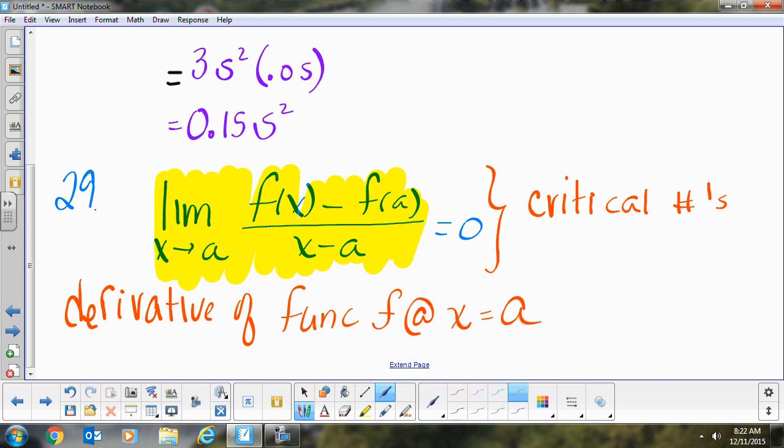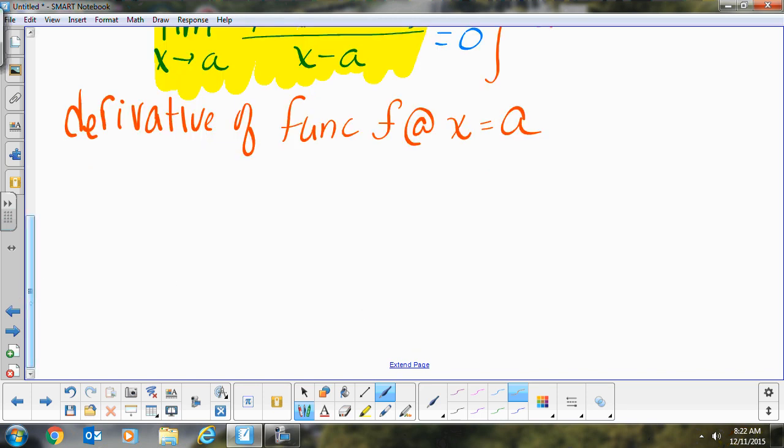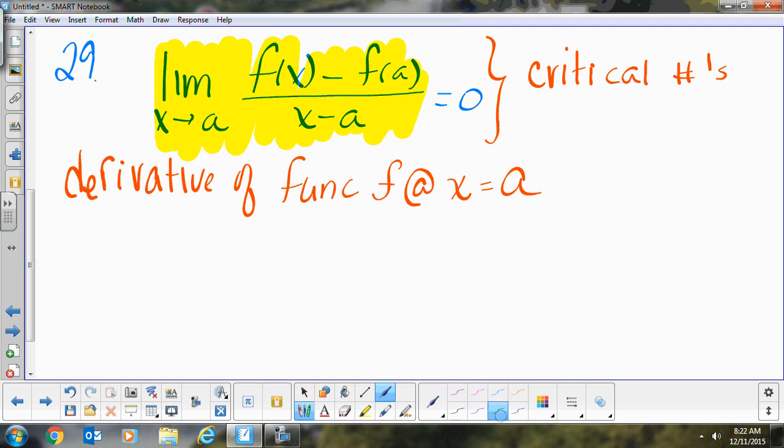So they're saying in part A, they're saying that the limit as x approaches a of the function does not exist. Now, for the limit of the function not to exist, is that a derivative?